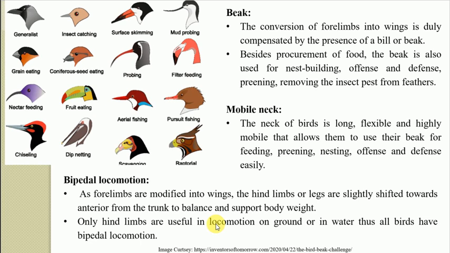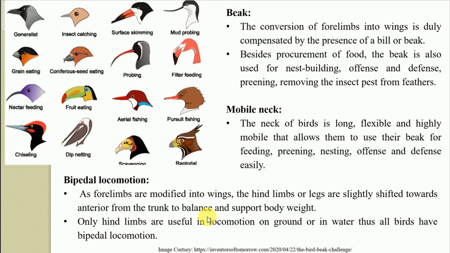Thus all the birds are said to have bipedal locomotion. Bipedal locomotion means that in the process of locomotion, they use only the two legs, that is the hind pair of legs, showing bipedality.